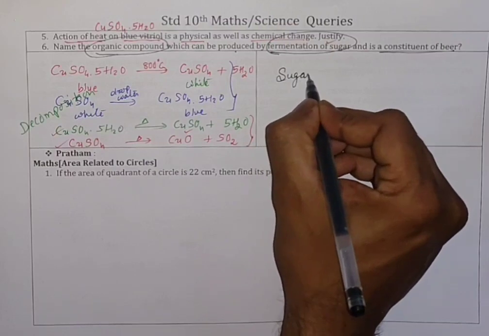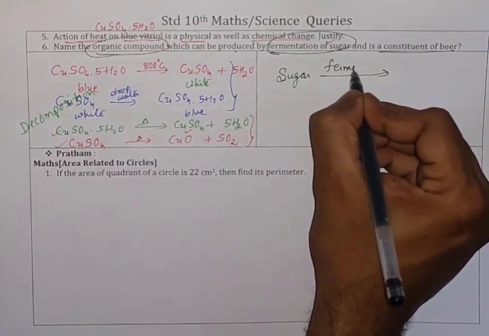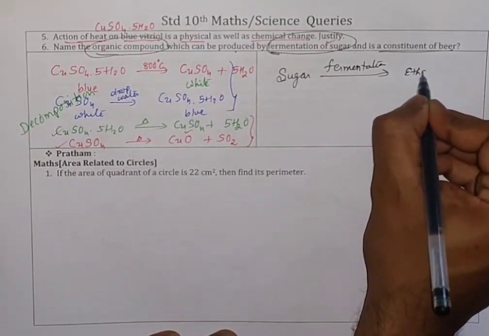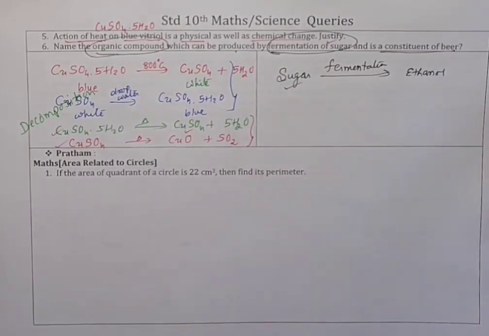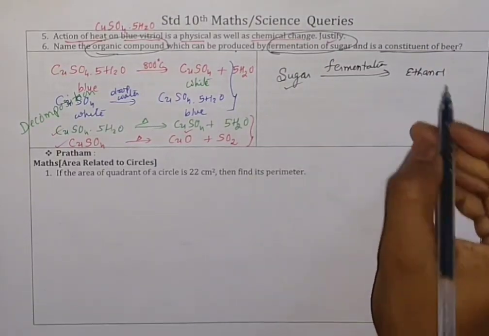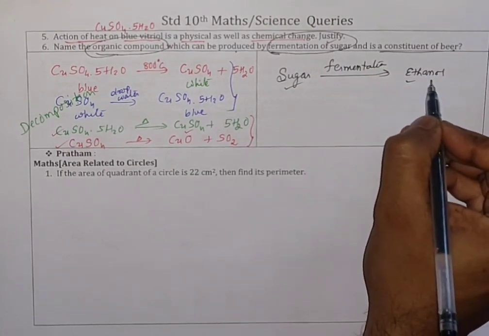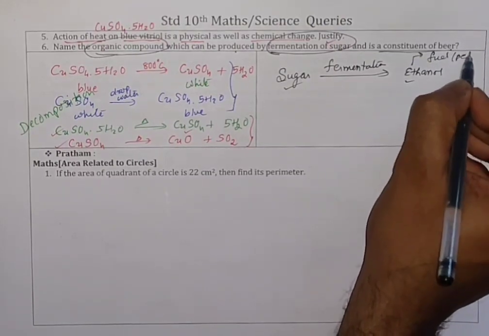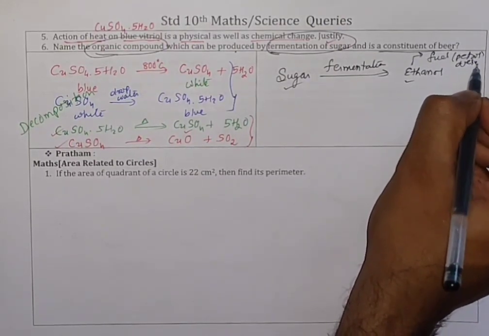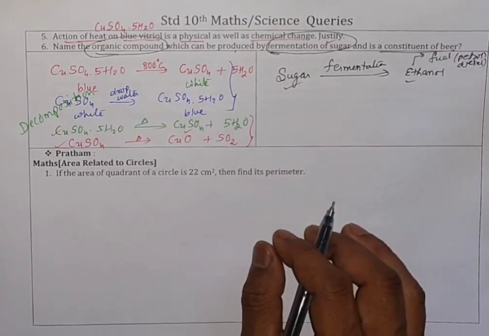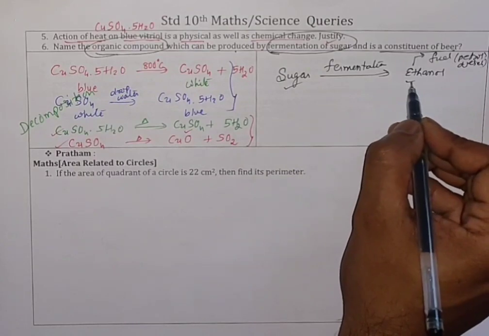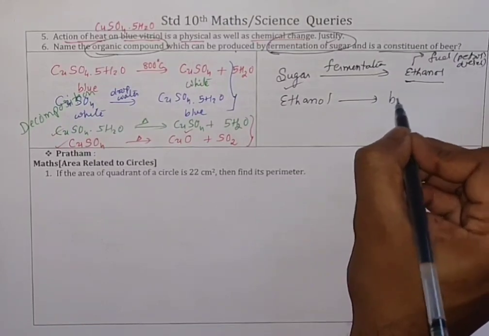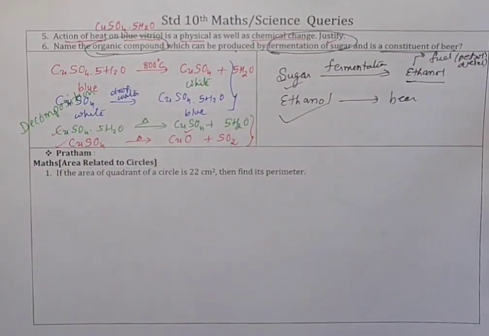Children, take sugar and ferment it. Sugar industries produce ethanol. The waste product of the sugar industries is now used in the preparation of ethanol. This ethanol is as good as fuel like petrol and diesel, and can be used as fuel like petrol and diesel. Alright. So fermentation of sugar gives ethanol, and this ethanol is also used in the preparation of beer. So the answer is ethanol.